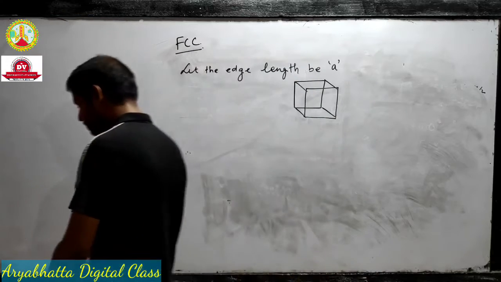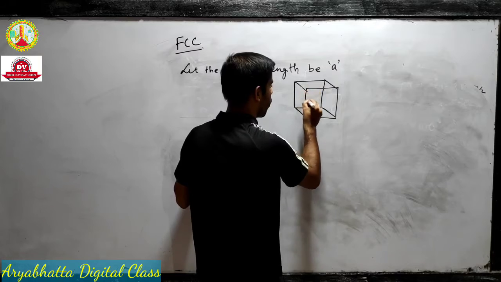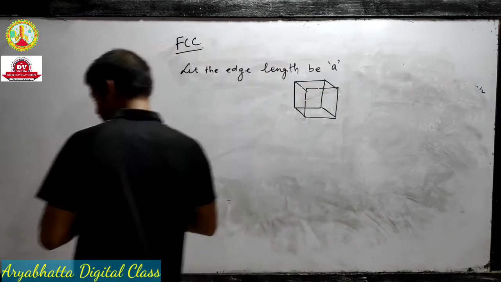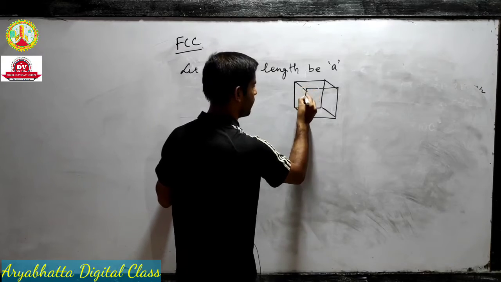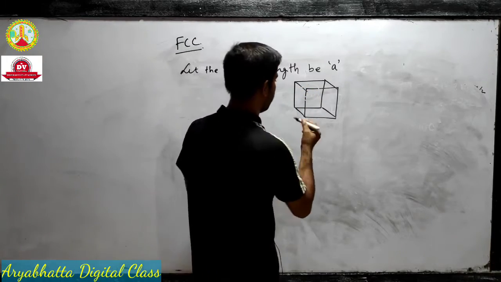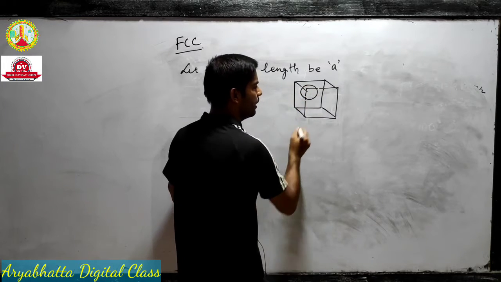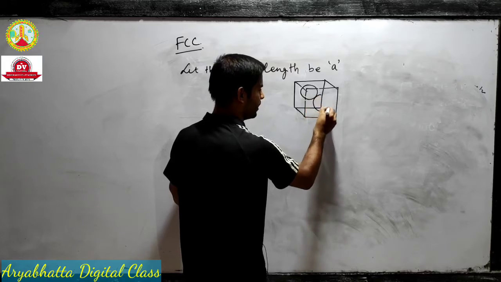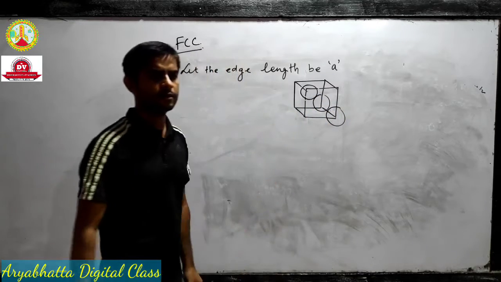Now we know that all the corners, these are not working. Okay, no problem, I will use black pen only. So all the corners have an atom. There is an atom at the face and there is an atom at the corner again.